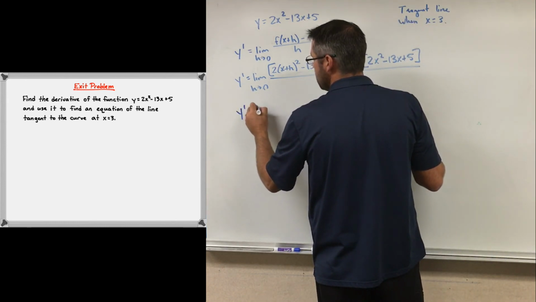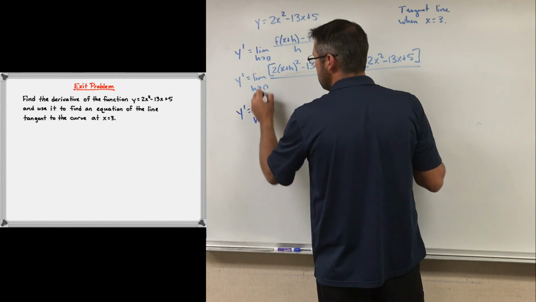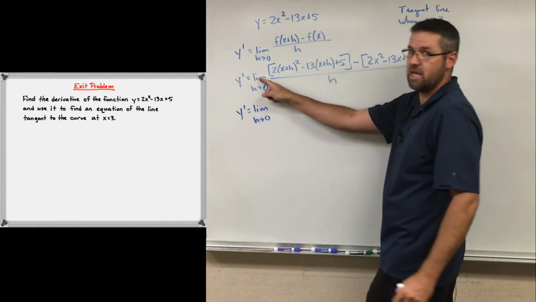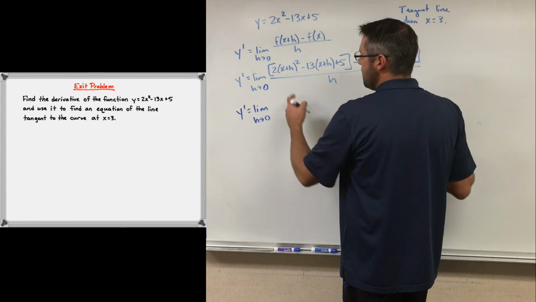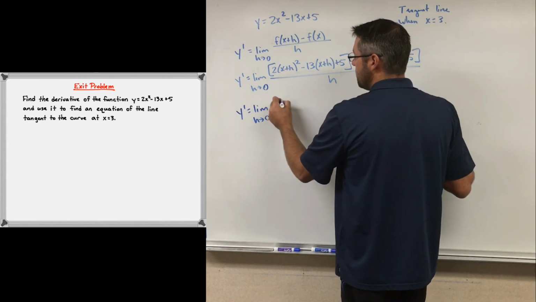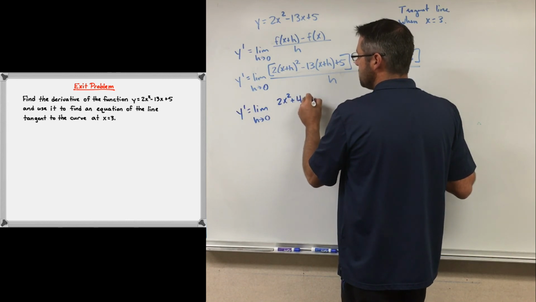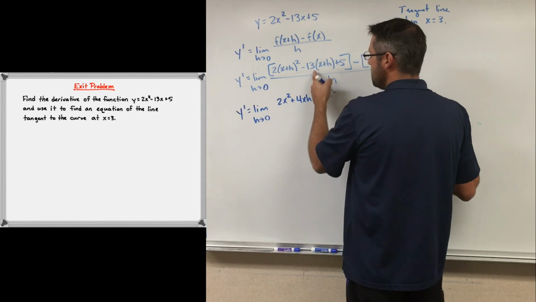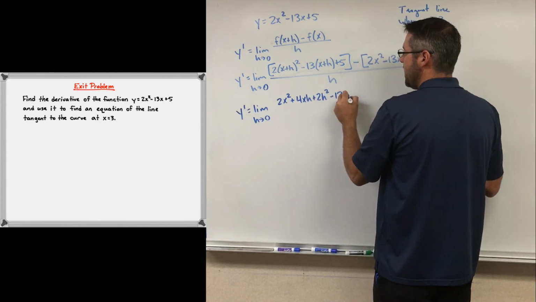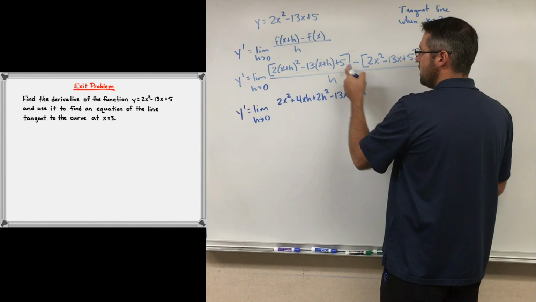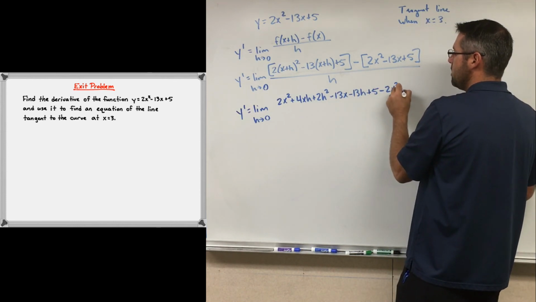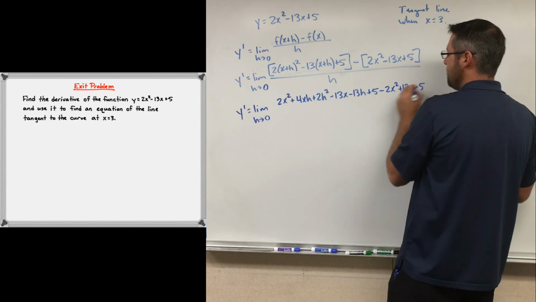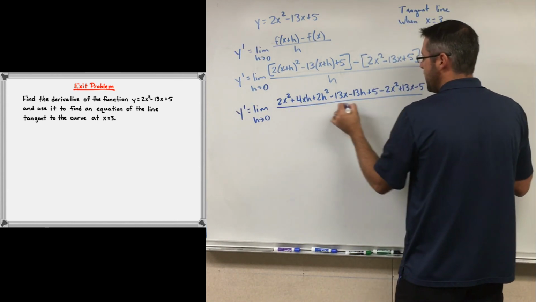Y prime equals the limit as h approaches 0. And guys, you should be writing that out, limit as h approaches 0 on every single line. Go ahead and expand that, and I'm going to multiply by 2, so I end up with 2x squared plus 4xh plus 2h squared. Distribute the negative 13, so minus 13x minus 13h, and then plus 5. Distribute the negative, so minus 2x squared plus 13x minus 5, and then all over h.